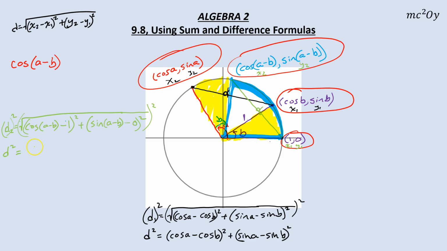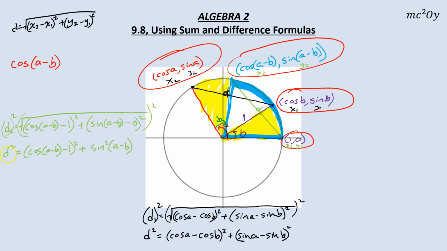Okay, but now it's d squared is equal to the cosine of A minus B minus 1 quantity squared plus, well, sine of A minus B minus 0 is just sine A minus B, and when we square that, we get sine squared A minus B.